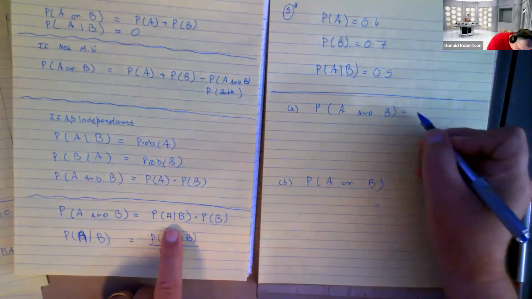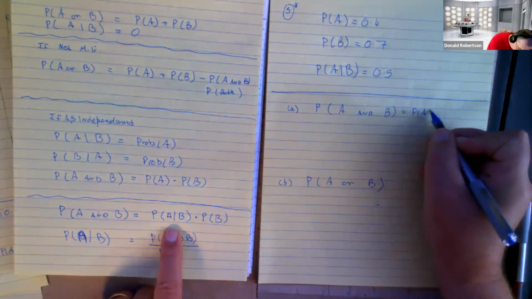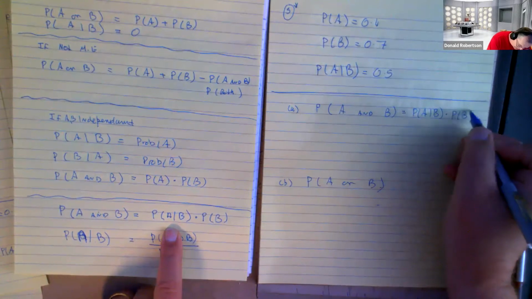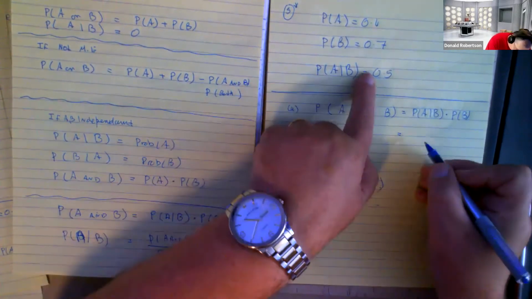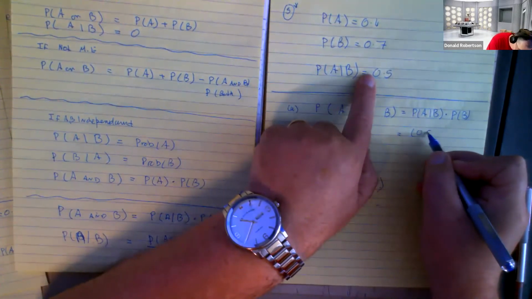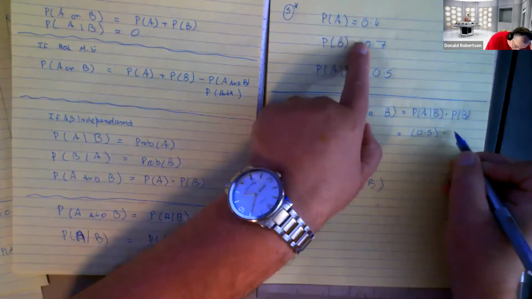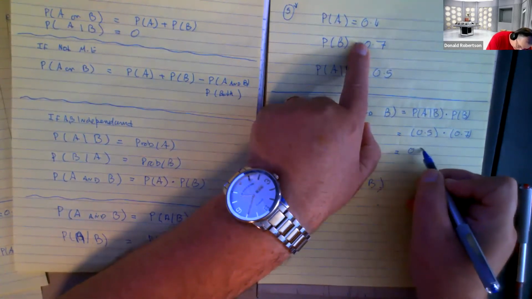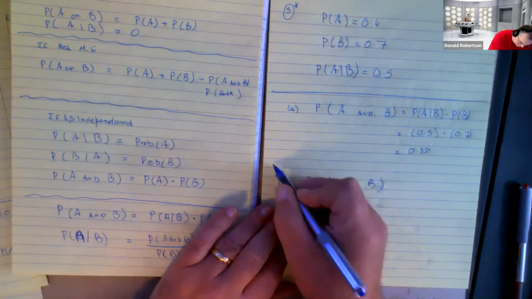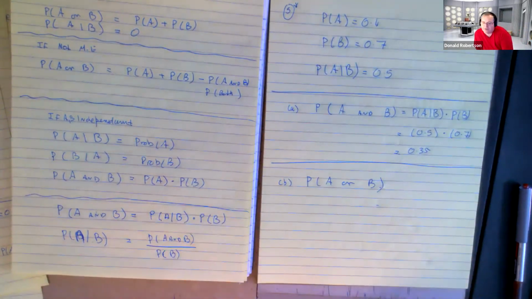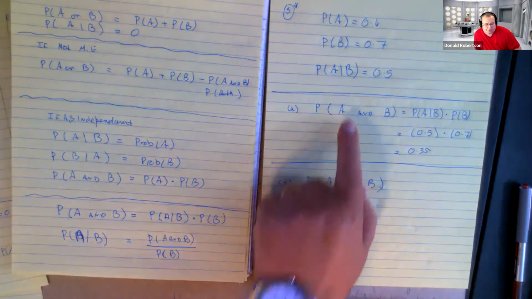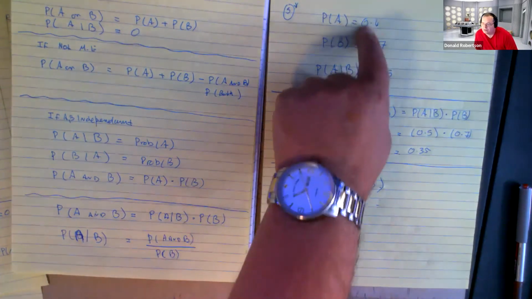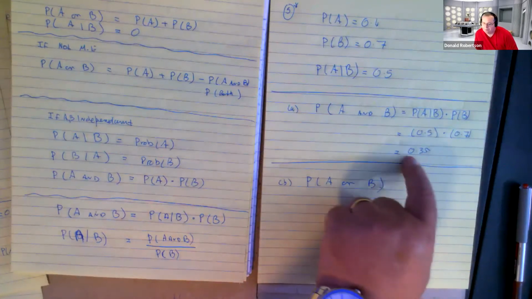I'm going to find the probability of A given B and multiply it by the probability of B. And so it's going to be 0.5 times 0.7. And the answer then is 0.35. Are you comfortable about how we used the relevant formula and then just took the numbers and put them in?